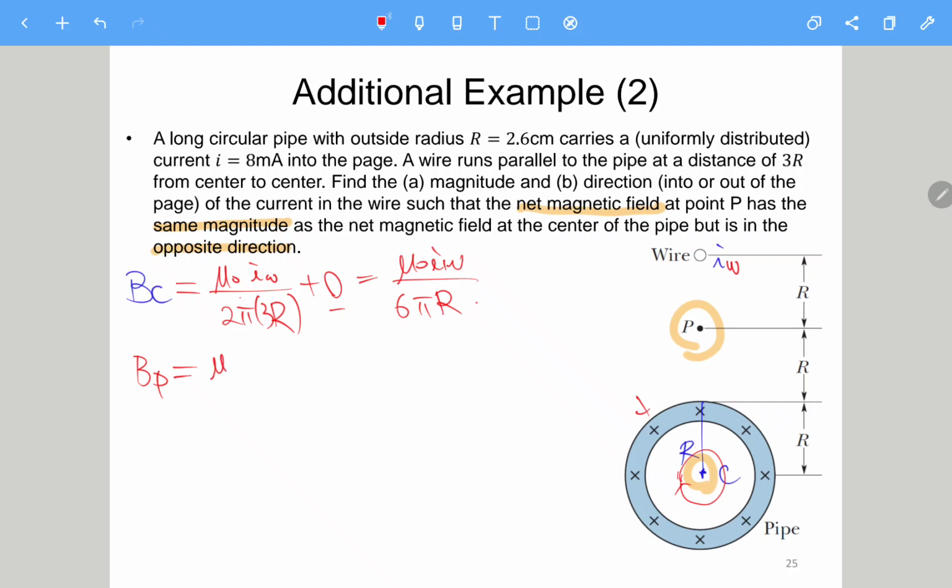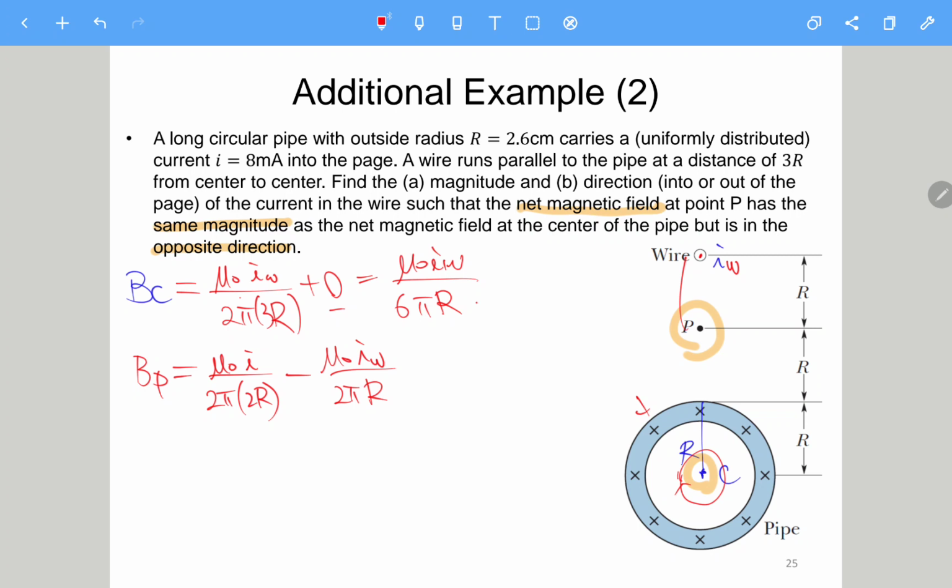So this is mu0 I over 2 pi times 2R, the B field generated by this one, and then also this one, minus mu0 IW over 2 pi, where the distance here is only R. Here we assume that IW is out of the page.